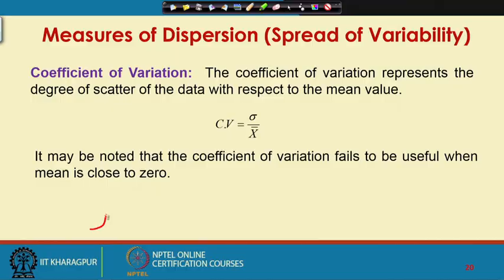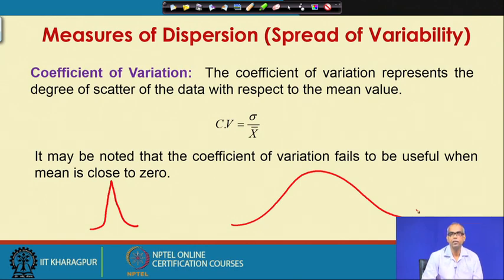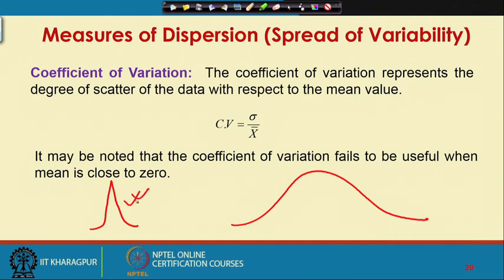So, if you have a distribution like this on one hand, and if you have a distribution like this on the other hand, here you see that the spread of the data around mean or the scatter of data around mean is low.